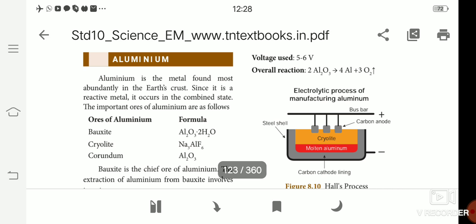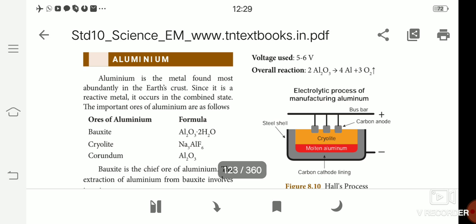The second reaction is with sulfuric acid, H2SO4. Aluminium reacts with 3H2SO4 to give aluminium sulfate.